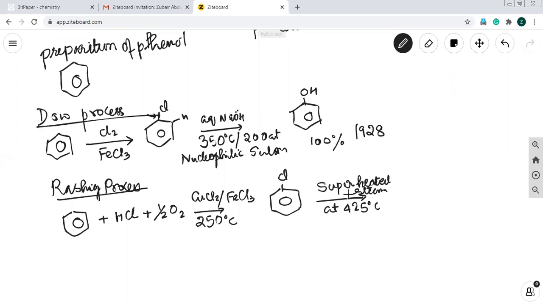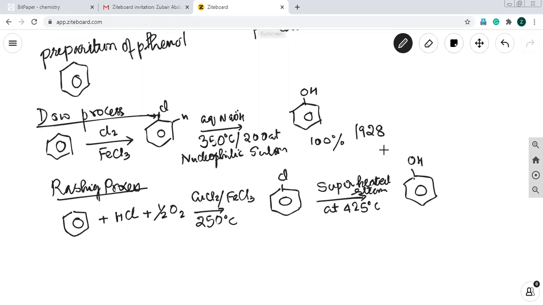Again, high tech. Achieving this is not very easy in a simple laboratory. So you will get your phenol out. These are the major processes by which phenol is manufactured all over the world.